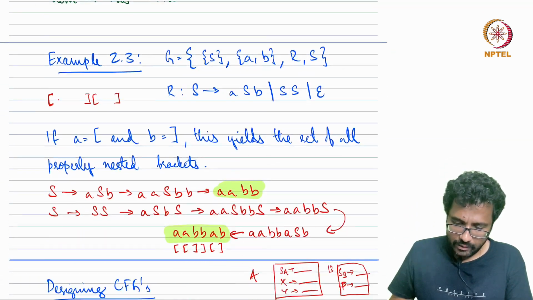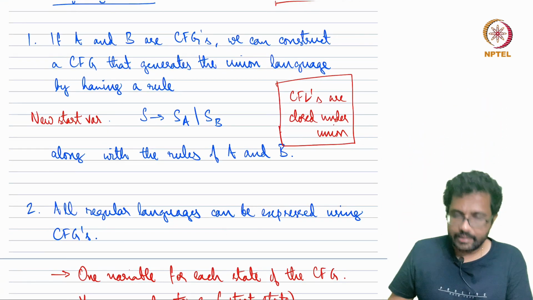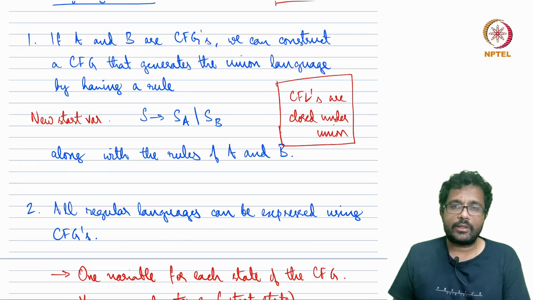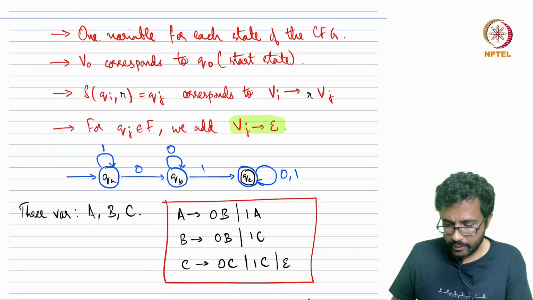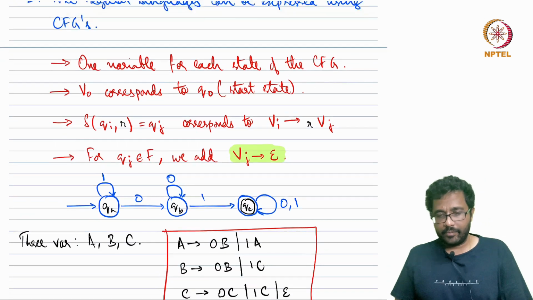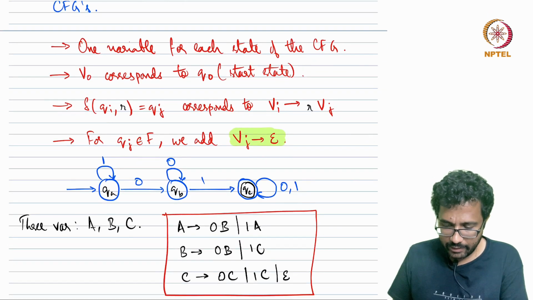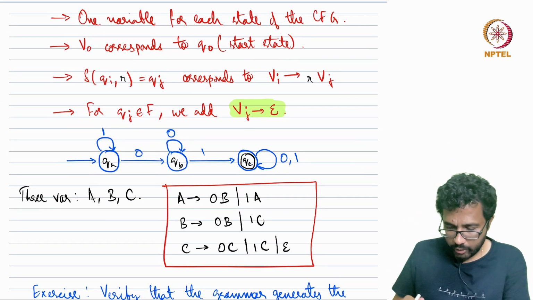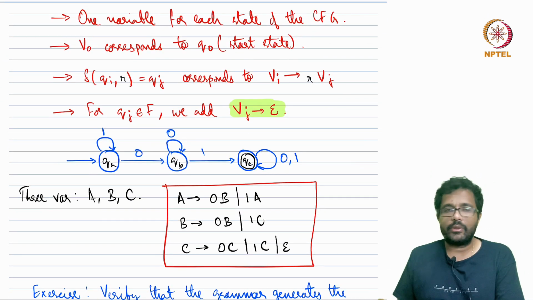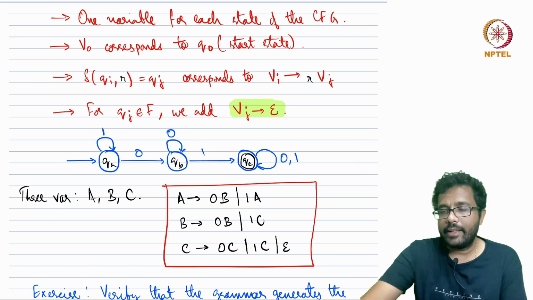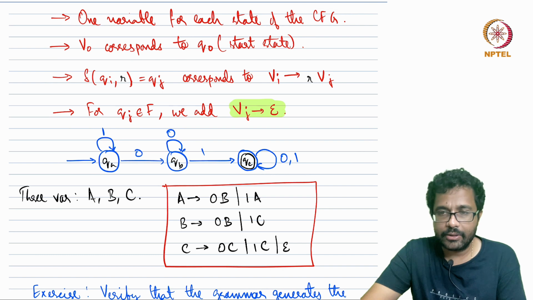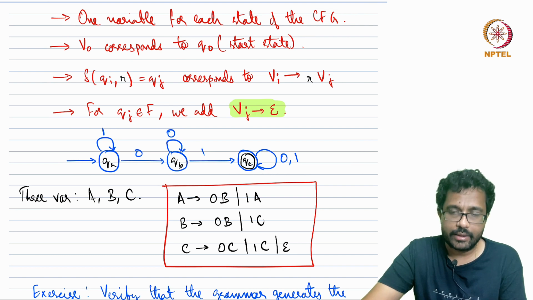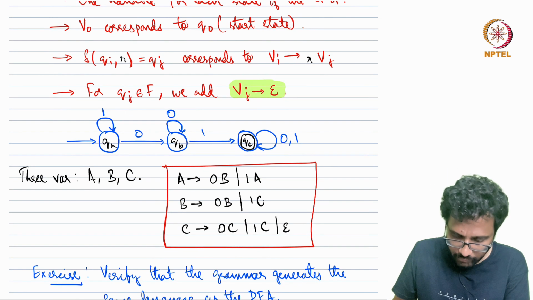We saw that context free languages are closed under union, and that all regular languages are expressed using context free grammars. Whatever we did here is general: given any DFA, we can write a context free grammar that generates the same language as the DFA.